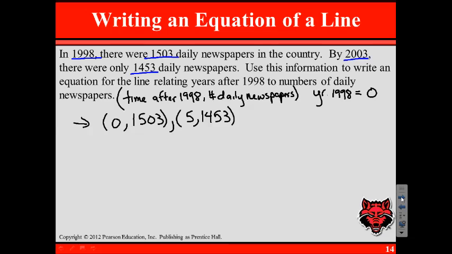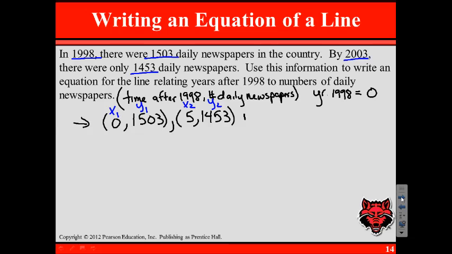Once we have 2 points, we need a slope, and we need to go through the process to find our equation. So let's label these 2 points x1, y1, x2, y2. Let's put those into the slope formula.